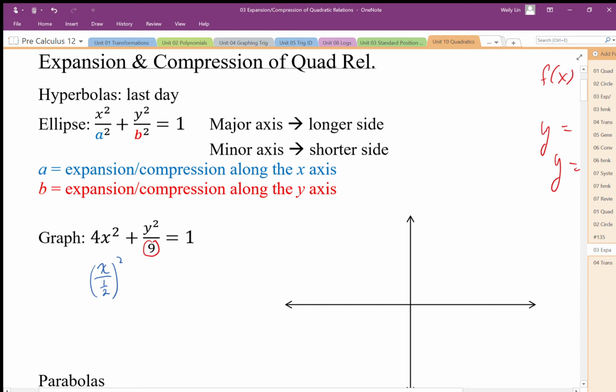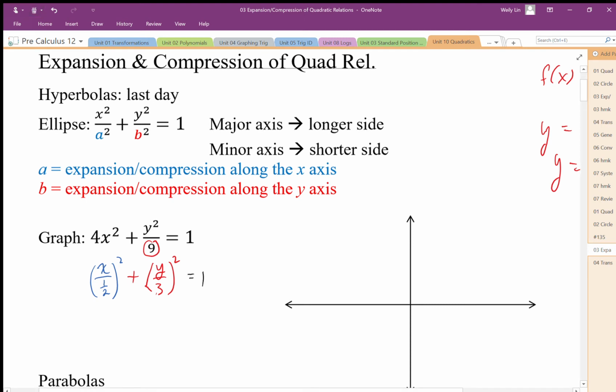Okay, so that tells us that it is a compression of 1/2 along the x-axis. And then when we look at the y here, this becomes y over 3 squared. Okay, so that means this is an expansion of 3 along the y-axis.